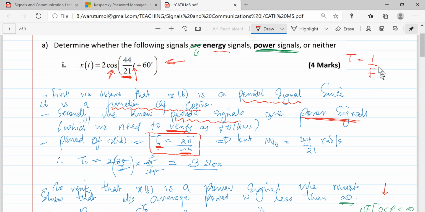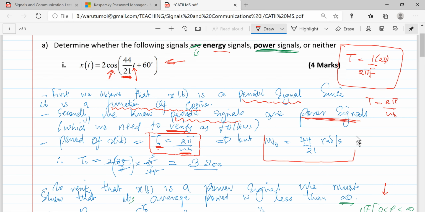If the frequency is expressed in terms of angular frequency, we multiply the numerator by 2 pi. That's why T equals 2 pi over omega naught, where omega naught equals 2 pi f.